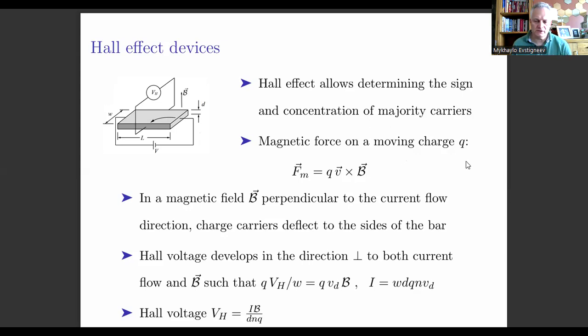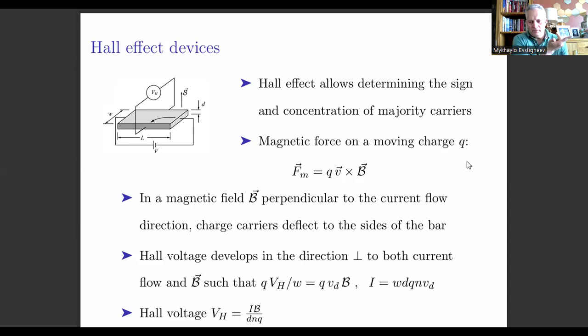The direction of this Lorentz force or magnetic force on the electrons can be established using the right-hand rule, in which you align the index finger of your right hand with the direction of the charge motion. The middle finger will be aligned with the direction of the magnetic field. It will be up.